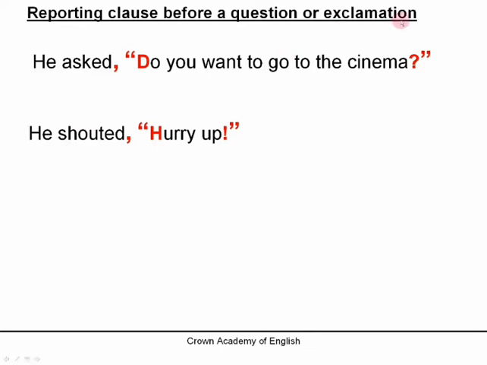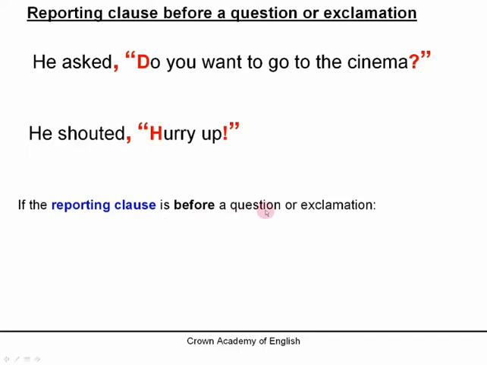An exclamation is when we say something when we are excited or when we are shouting. Again, if the reporting clause is before the question or exclamation, which it is here, this is the reporting clause before the question, and here is a reporting clause before an exclamation.